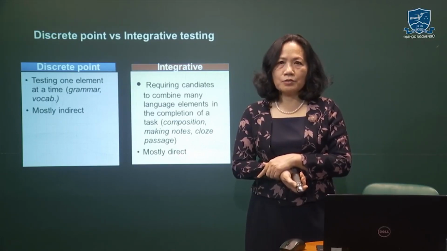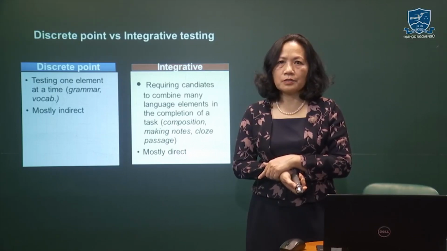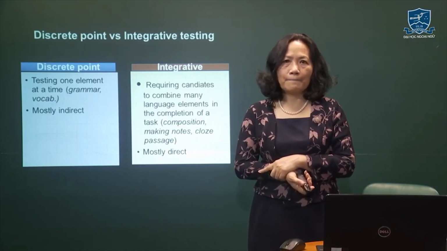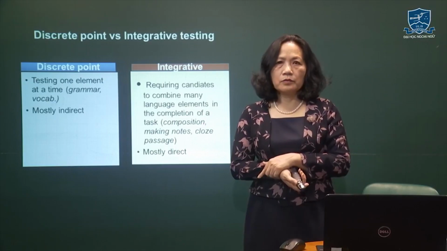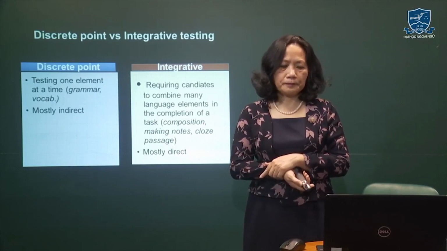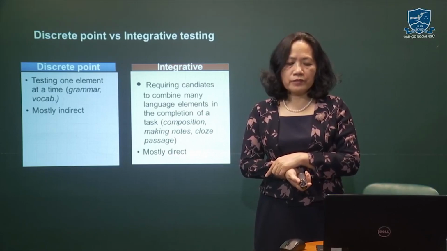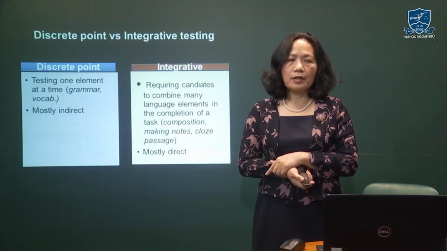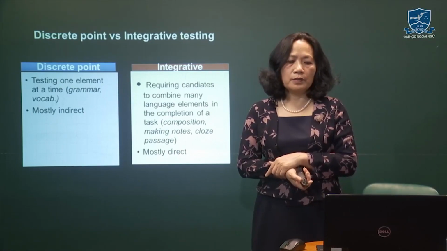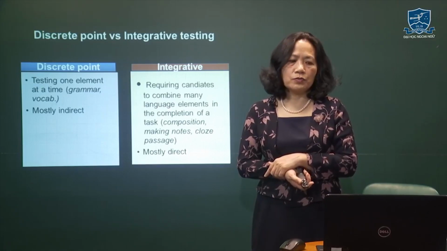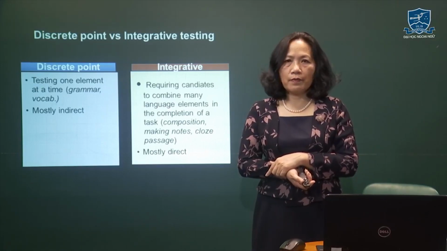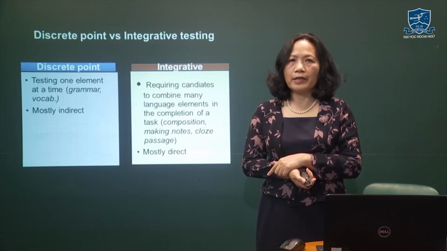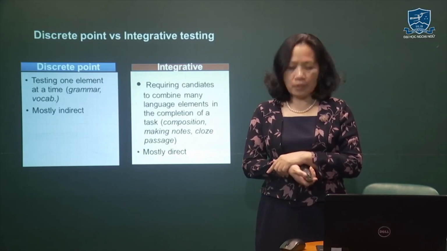Or you ask the students to listen and make notes, so it also involves different elements than just listening, or to do a cloze passage. So integrative testing is more direct than discrete point testing. And normally we often combine the two approaches, discrete point and integrative testing, to have better or more accurate results of the student's ability.